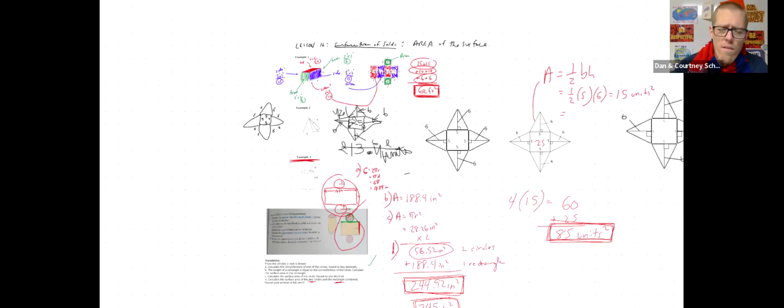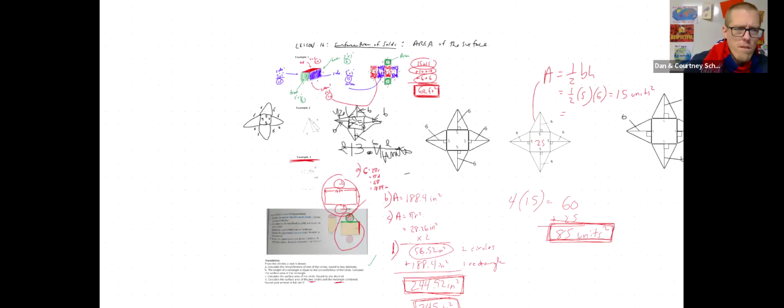Oh, the area of the lateral side of the cylinder, you should multiply the height by the circumference of the base. But what do they mean with the lateral side of a cylinder? How does that look?